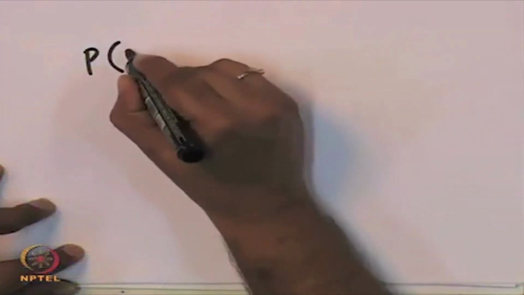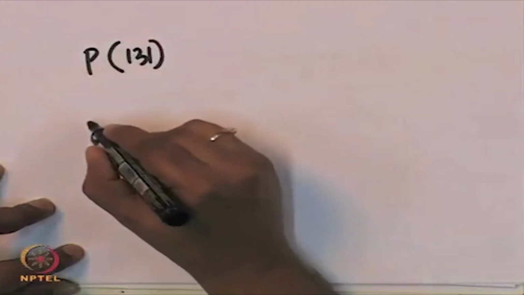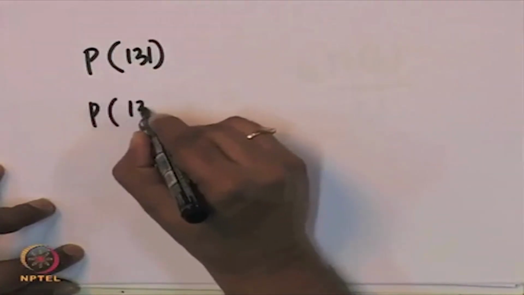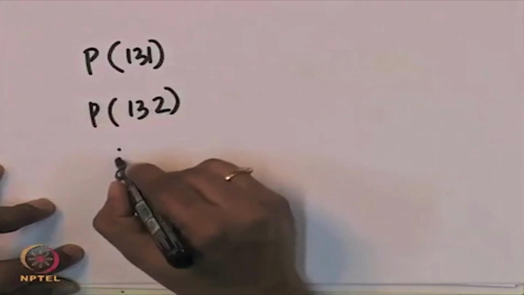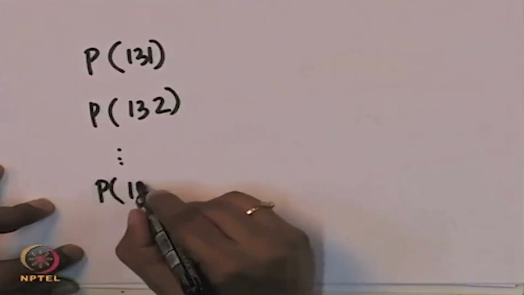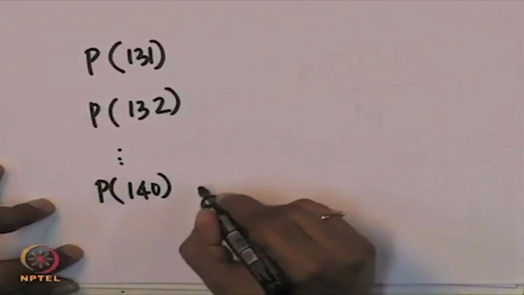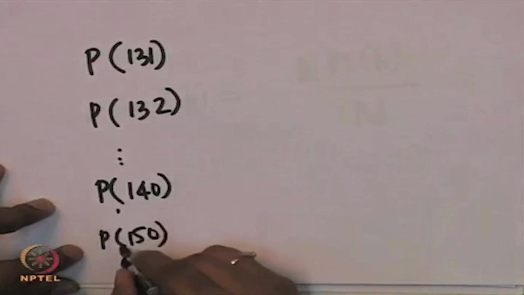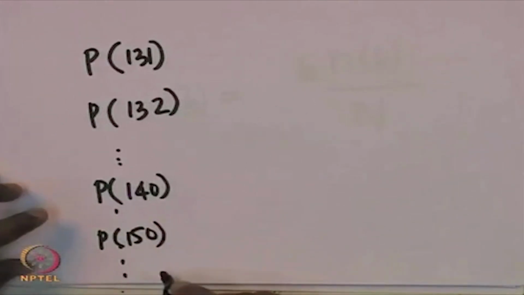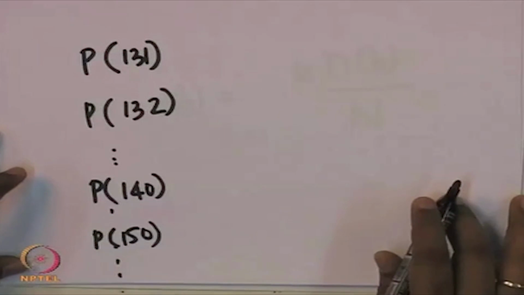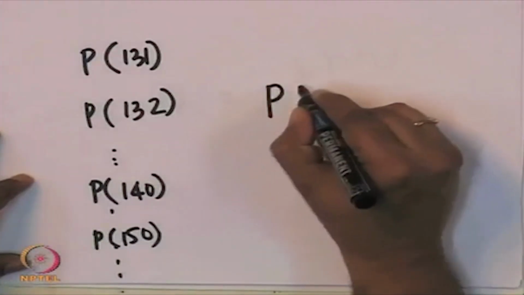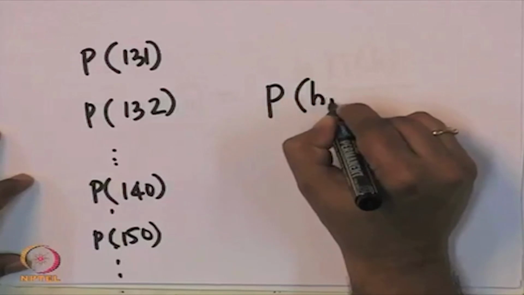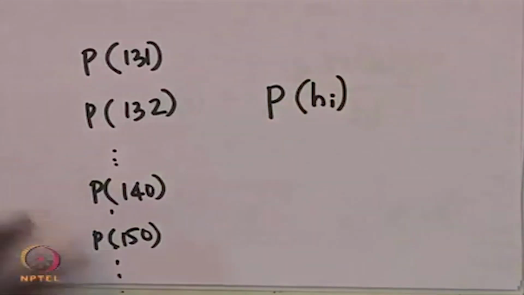We discussed probability of having students 131 centimeter, probability of having students 132 centimeter, probability of having students 140 centimeter, and probability of having students 150 centimeter. So, let us say you have all these probabilities. Basically you have the probability of students having some particular height hi.